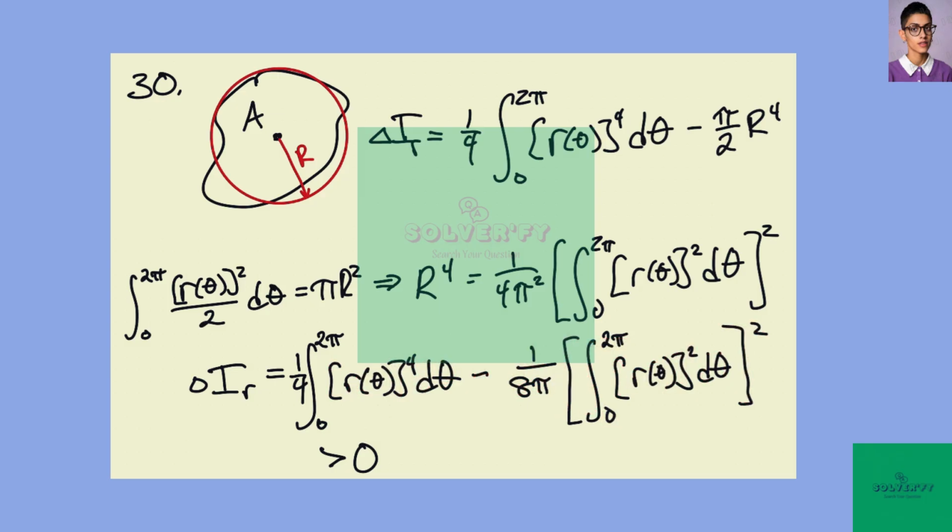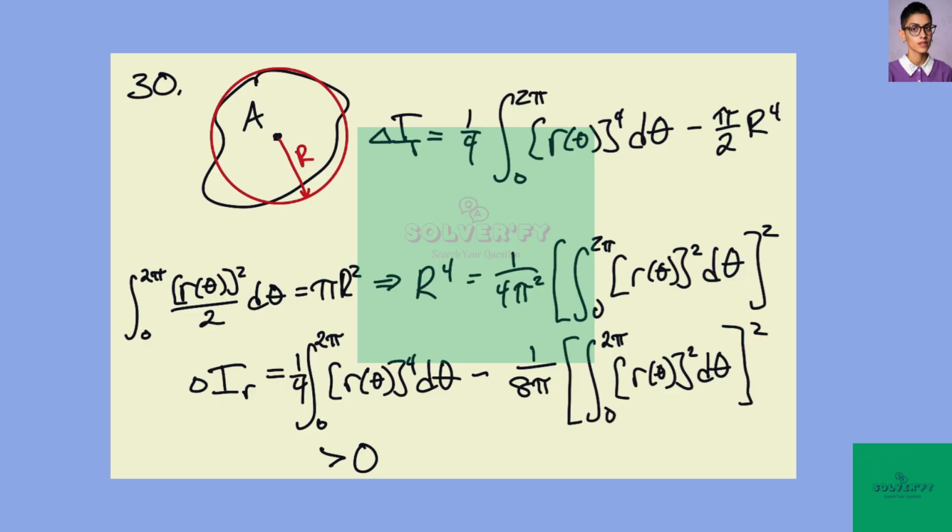And there's actually a proof in mathematics that you can show that this is in fact bigger than this. So if you integrate the 4th power of a function, it's going to be bigger than 1/2 pi times the integral of this function, and then squaring it.